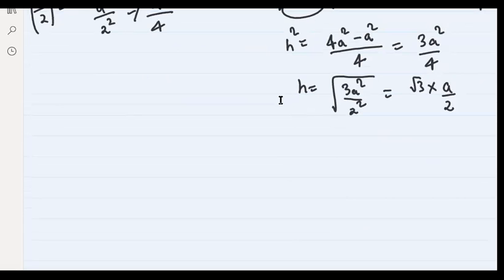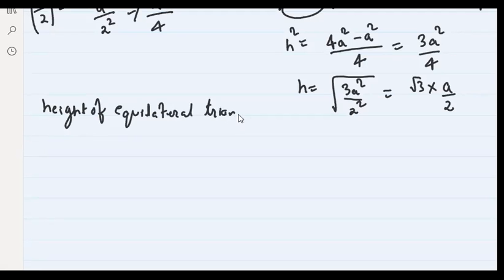So can I say that the height of an equilateral triangle is given by h is equal to root 3 by 2 a? Okay, got it? This is the formula.